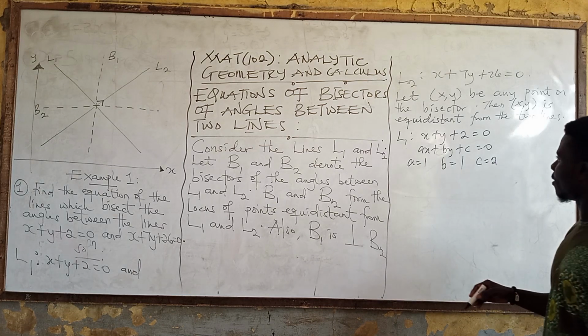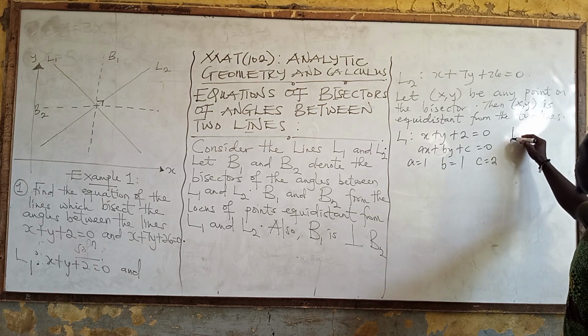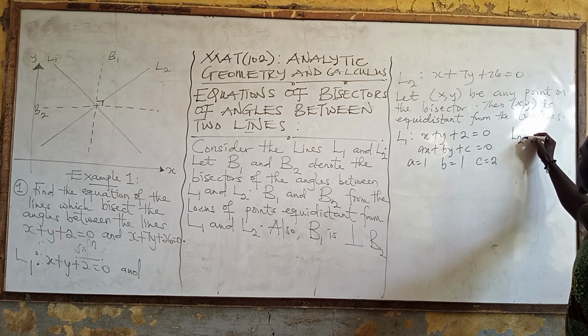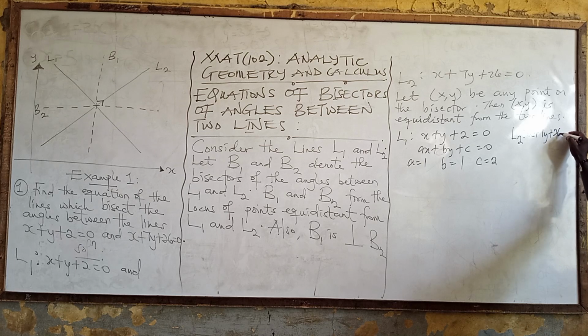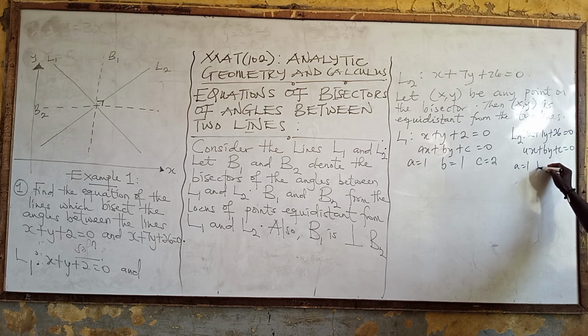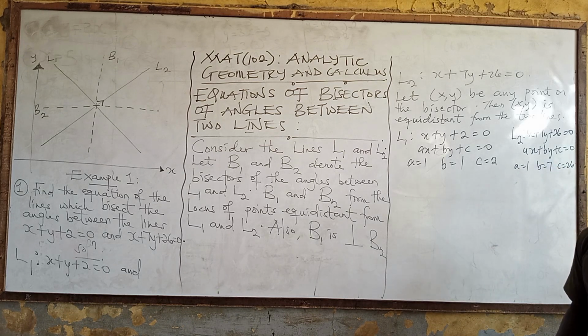Right. Now my L2, we can do the same thing here. I have it as x plus 7y plus 26 equals 0. So we compare, and a equals 1, b equals 7, c equals 26. So we have this, right?